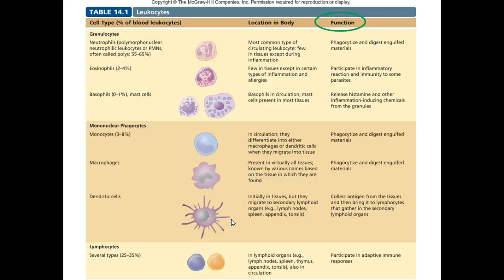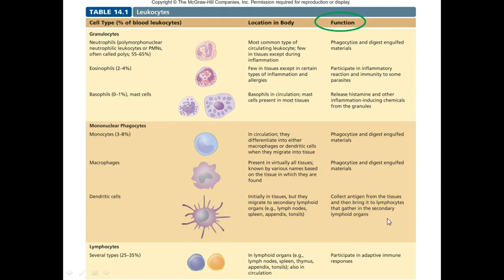They can literally grab with those tentacles and go in between endothelial cells and reach into your gut and grab stuff and sample it and say, let me see what this is. If it's something dangerous, they'll take even more. Then they run off to areas where you have large collections of your lymphocytes, which we'll talk about next, and present that information. So their main job is collecting data, gathering it and giving it back to the lymphocytes.